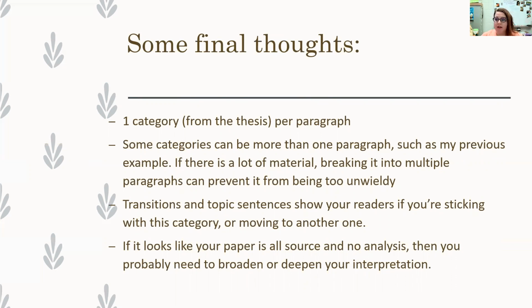If I put all of the characters from DC Comics who are disabled into 1 paragraph, it would be a 2 or 3 page paragraph, which nobody will be able to follow and read effectively. Transitions and topic sentences show your readers if you're sticking with this category or subtopic or moving to another one. And if it looks like it's all source material or all evidence, that's when you need to deepen your interpretation.